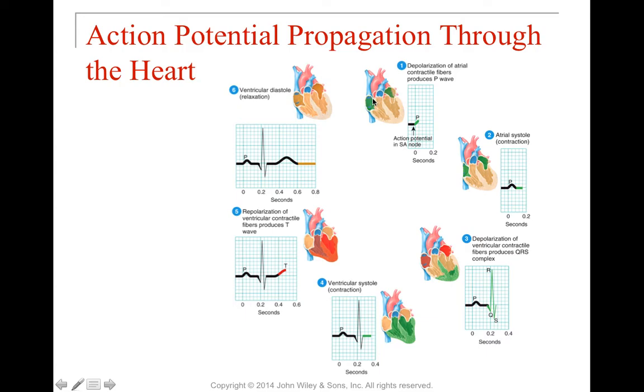The sinoatrial node is found in the right atria, and it is going to send information from the right atria to the left atria so that these guys can contract at the same time. It also is going to send information to the atrioventricular node, which just a moment later is going to start ventricular contraction, and that's going to head out through the bundle of His down into the Purkinje fibers and start contraction.